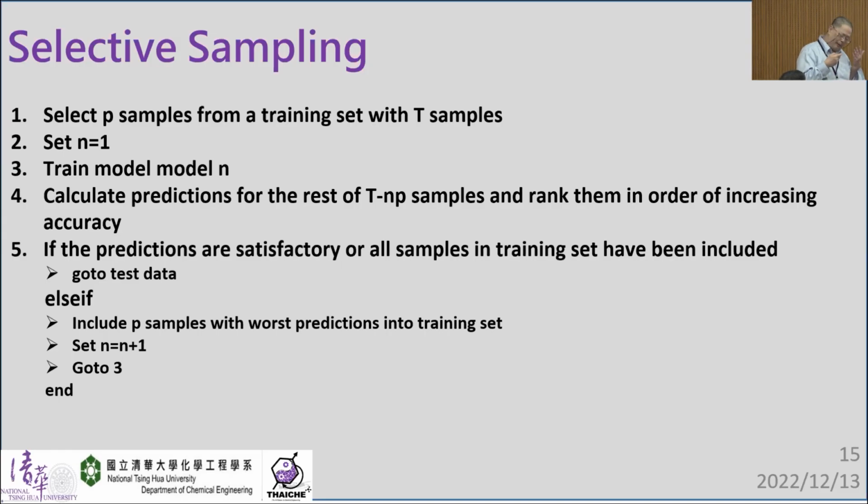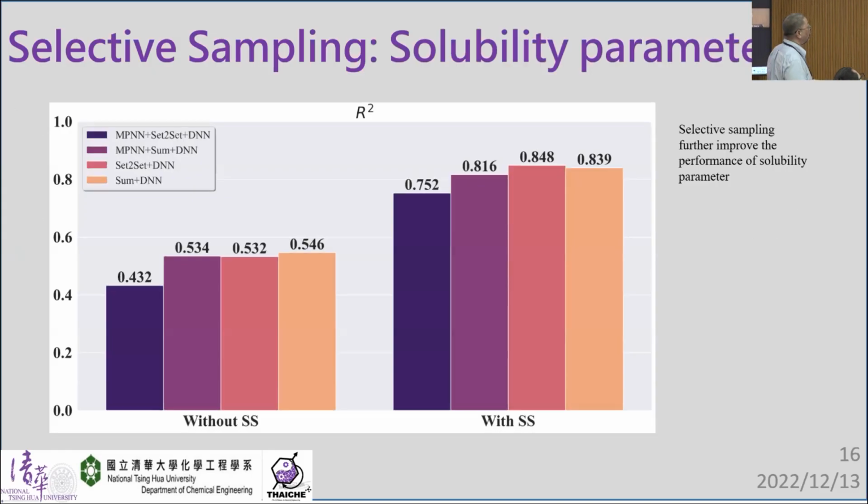And if there are samples in the other part of the training data that are predicted very poorly, then we will incorporate them into the next training phase, and then we repeat the training phases. So this is the prediction of solubility parameters. Actually, we also investigated solubility parameters and other properties. The selective sampling is very effective when we try to predict solubility parameters.